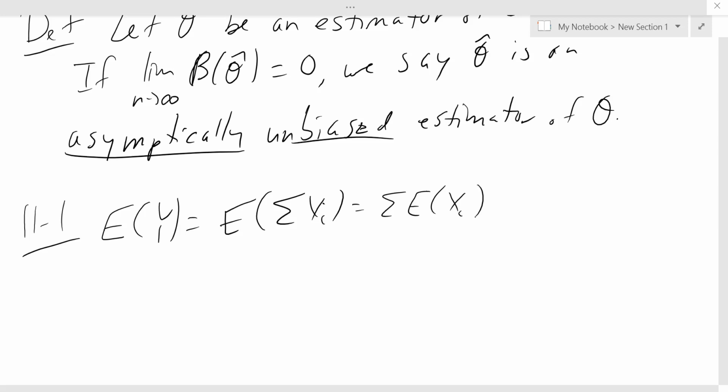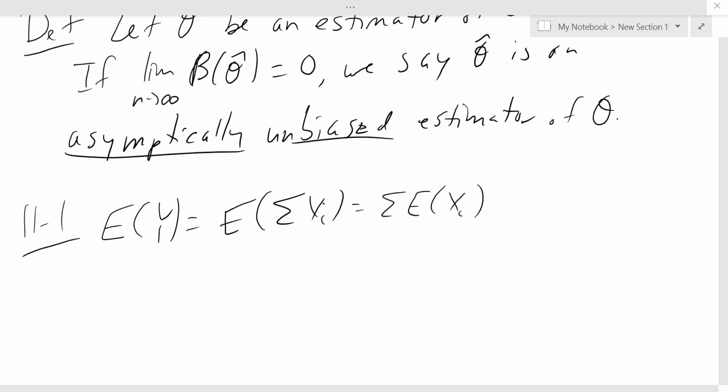What kind of distribution is the x sub i drawn from again? Gamma, right? The expected value of a gamma random variable is what? That's theta times alpha, right? And in this case, we know alpha is 4. So each of these expected values should be 4 theta, and we're adding it up how many times? 100?